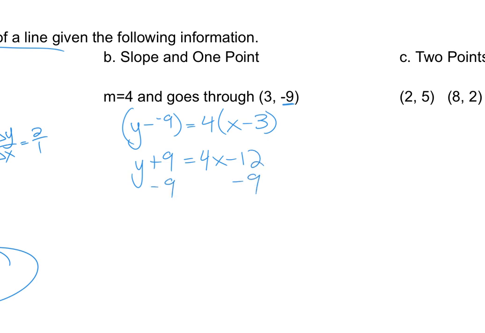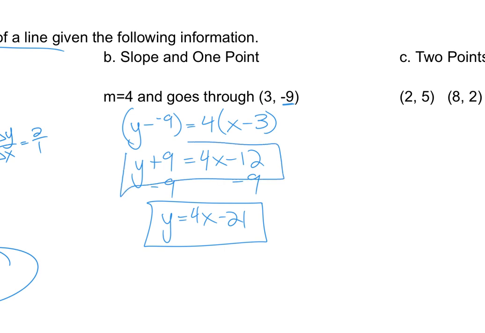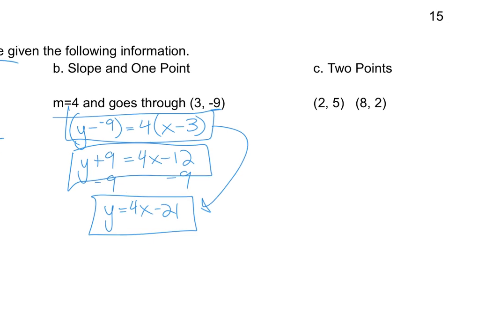We subtract 9 from both sides, so y equals 4x minus 21. And that's our equation from the slope and one point. So I took the point-slope form and transformed that to the y equals mx plus b form. You oftentimes will be asked to do that.